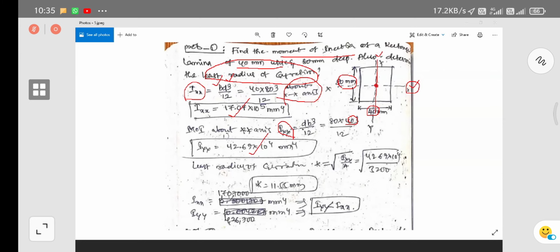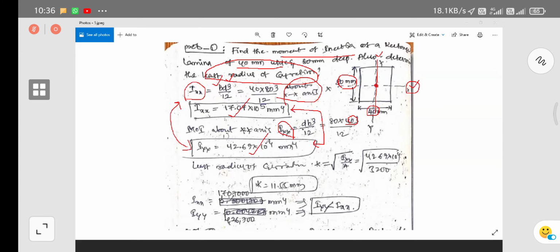If you compare these two moments of inertia, Ixx or Iyy, for the larger radius of gyration you have to consider the bigger one among Ixx and Iyy. If it is the least radius of gyration, you have to go for the minimum moment of inertia.